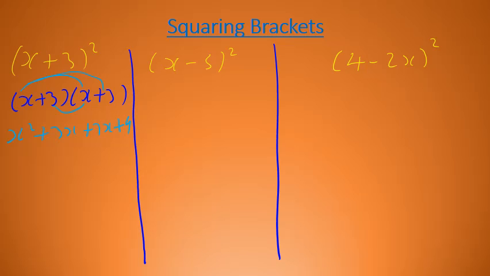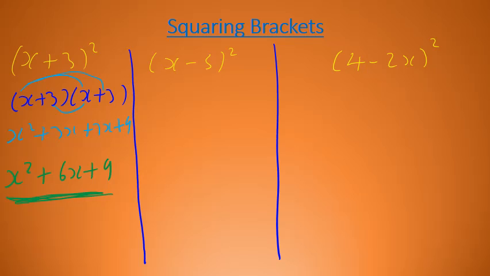Tidying that up, that's going to be x squared plus 6x plus 9. Now what I would really like you to do is to look at the green and then look at the yellow, and realize that what's actually happened is you've squared the x, which is x squared, you've multiplied the x and the 3 together to get 3x, then you've doubled it to give you 6x, and then you multiply the 3 by itself to get 9.